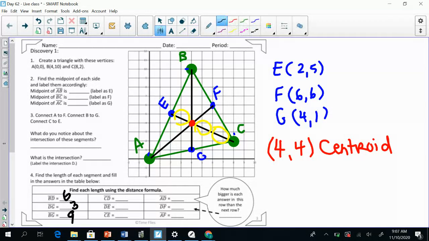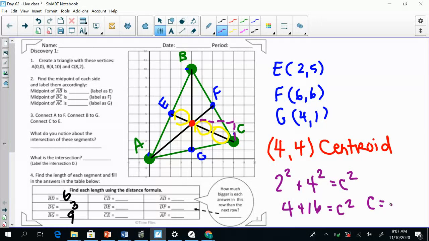All right, so then it wants to know C to D. You can do this using the coordinates with your distance formula. I'm a big fan of the Pythagorean theorem, so I would count that it's up 2 over 4. So 2 squared plus 4 squared equals C squared. So 4 plus 16 equals C squared. So C is the square root of 20, which you can put in your calculator and get a decimal if you want.